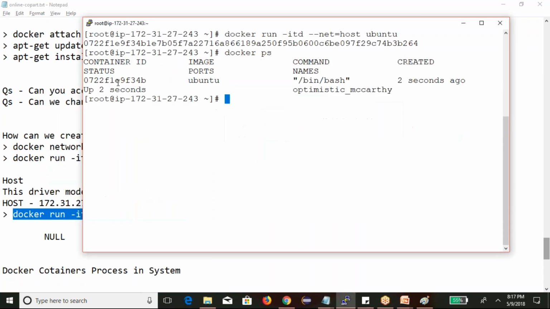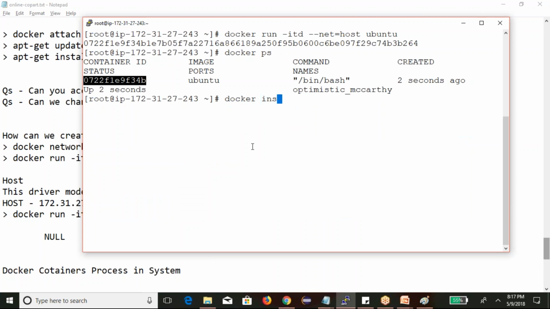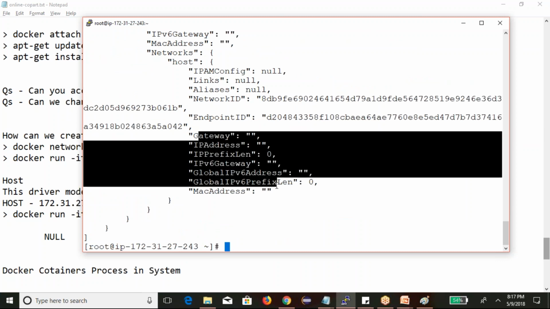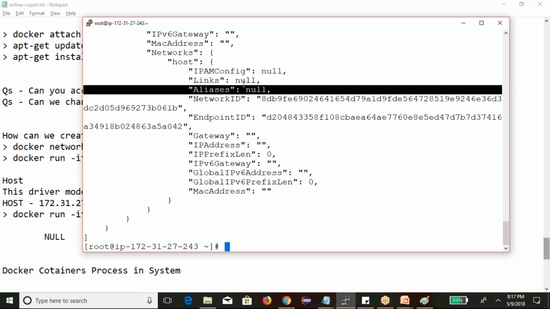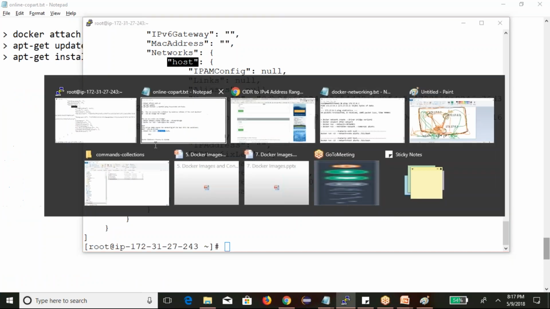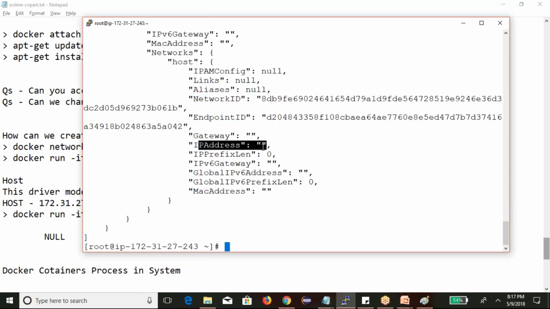Now I do inspect. Remember, I have created the container using the network driver equal to host. So now docker inspect, and see, the IP address is null. Here host, network host, the driver is host, and the IP address is null.